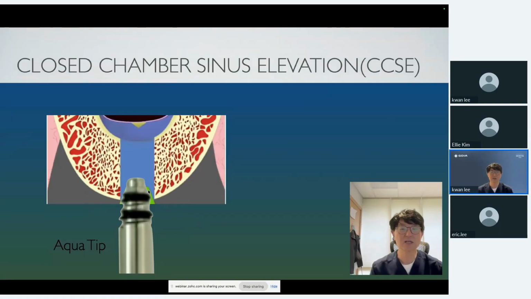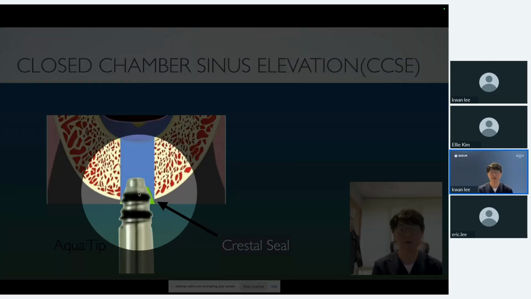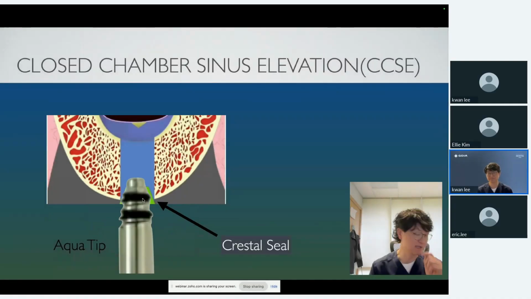Once the aqua tip is sealed, you create something I call the crestal seal, meaning this area is a watertight seal. Nothing goes out, nothing comes in.